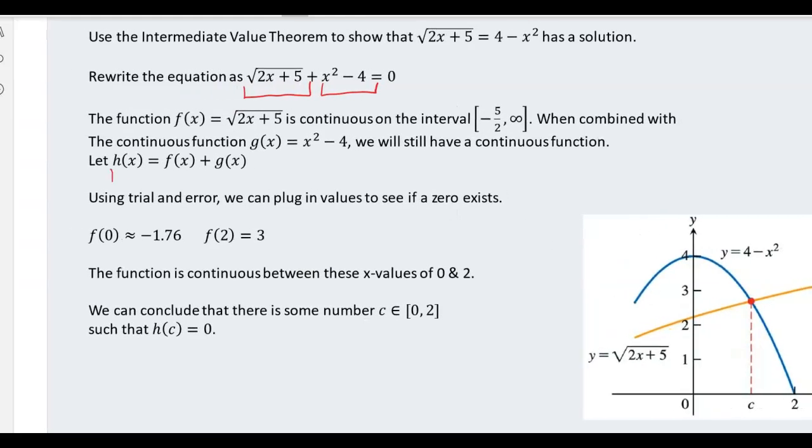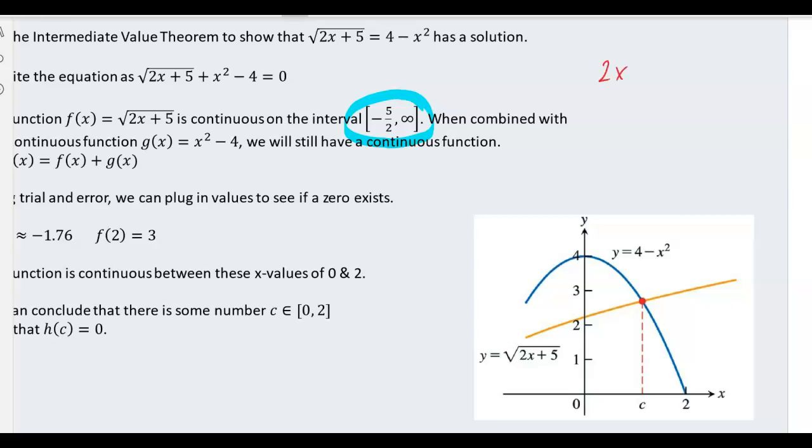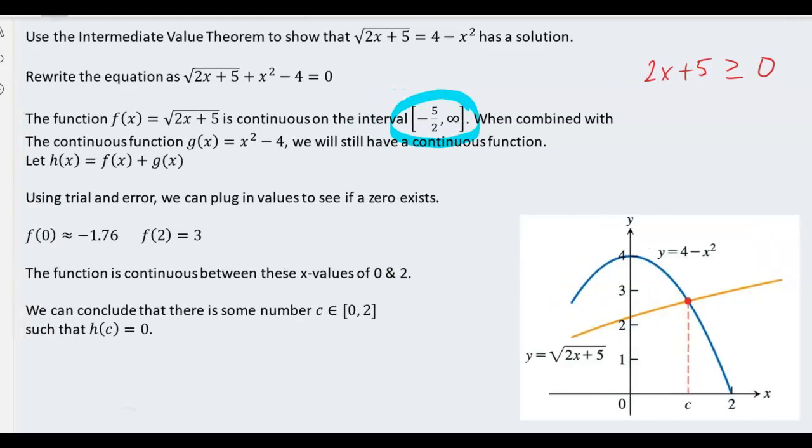So when I combine them together, adding them, I've got two continuous functions, and so I know that they will still be continuous. Notice that the domain is this. We get that by setting up that 2x plus 5 has to be greater than or equal to 0, and just solve, right, to figure out what the domain is for that square root function.